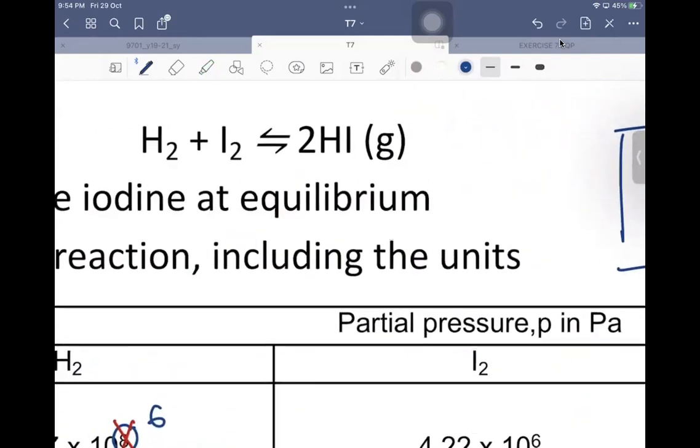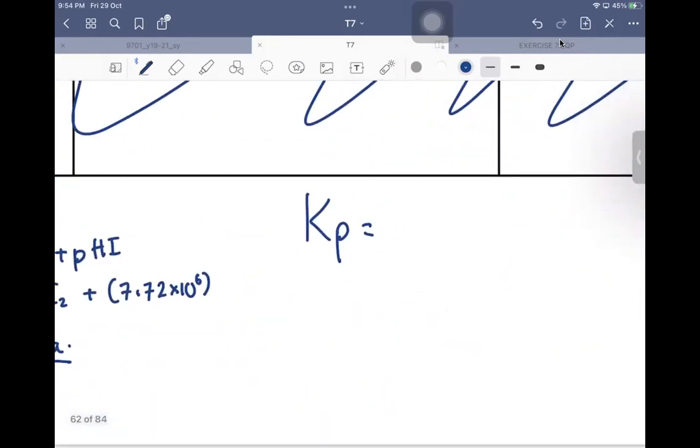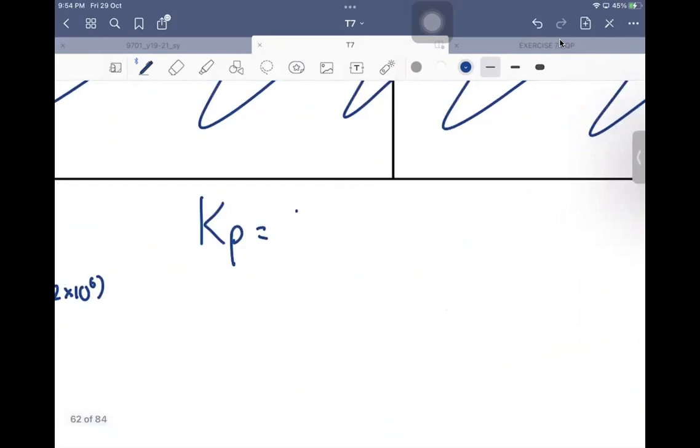I need to take the partial pressure of the product raised to the power of 2 over the partial pressure of hydrogen times by the partial pressure of iodine. Don't forget the mole ratio. You make it as the power. Partial pressure of hydrogen, partial pressure of iodine.